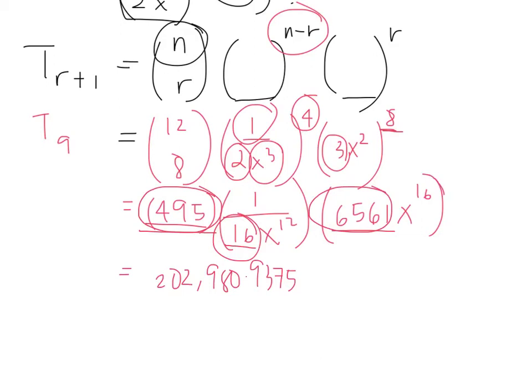Now we have x to the 16 in the numerator. We have x to the 12 in the denominator. So what will happen to x to the 16 and x to the 12? By simplifying the exponents, what will happen to it?